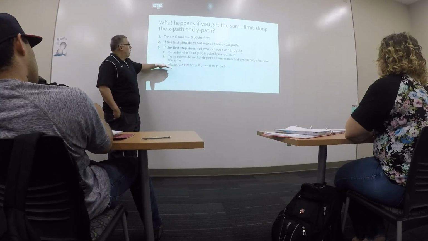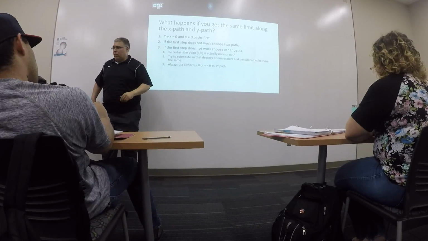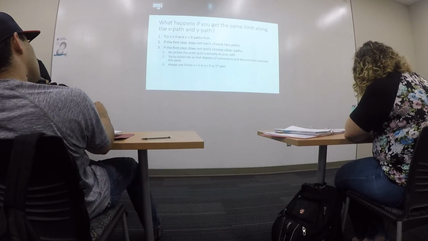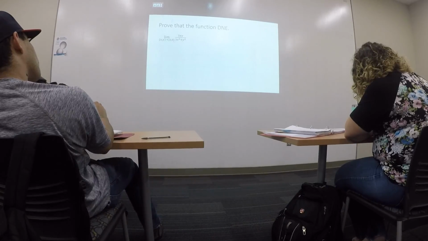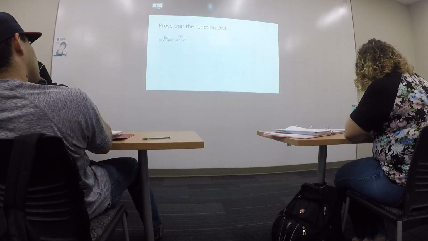I'm repeating myself over and over again, but when I show you, this will make more sense. So here's an example. You've got 3xy, and (x, y) is going to (0, 0).